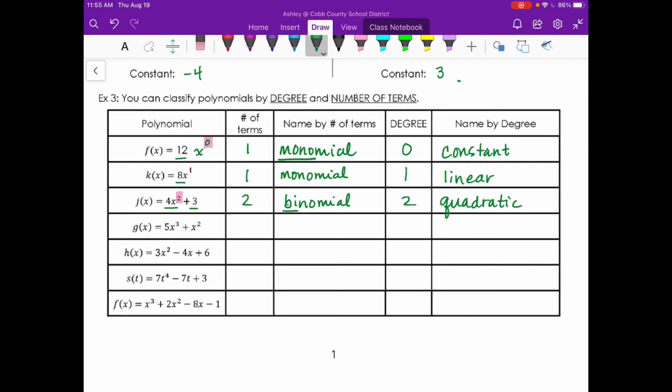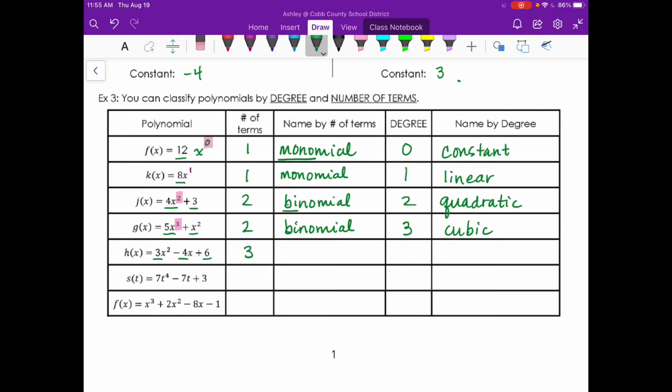For g of x, we have two terms again. So we'll call that a binomial. And looking at the degree, the highest power is 3, and we call those cubic. Next example, h of x, we have 3x squared minus 4x plus 6, that's 3 terms.